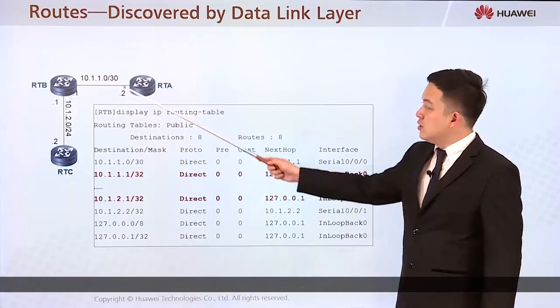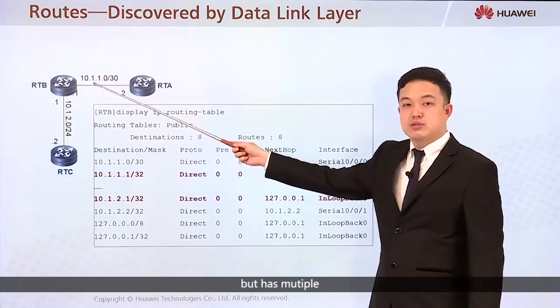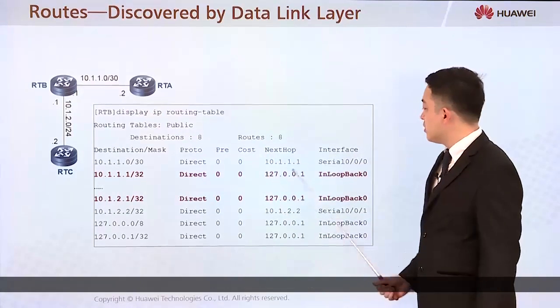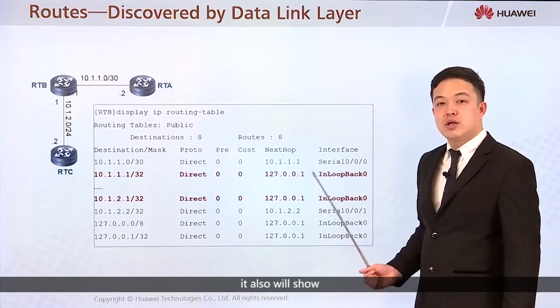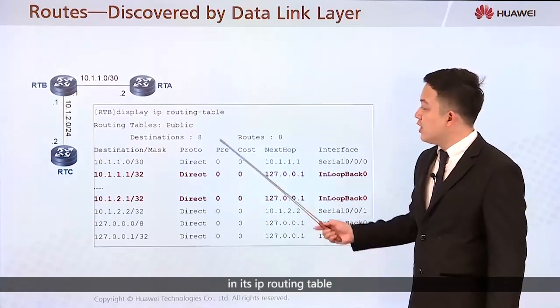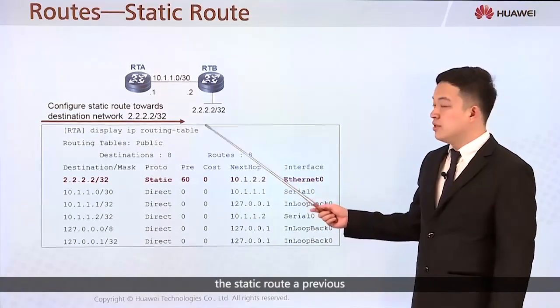So that means if RTB only has two active physical interfaces but has multiple logical interfaces, they will also be shown in its IP routing table.